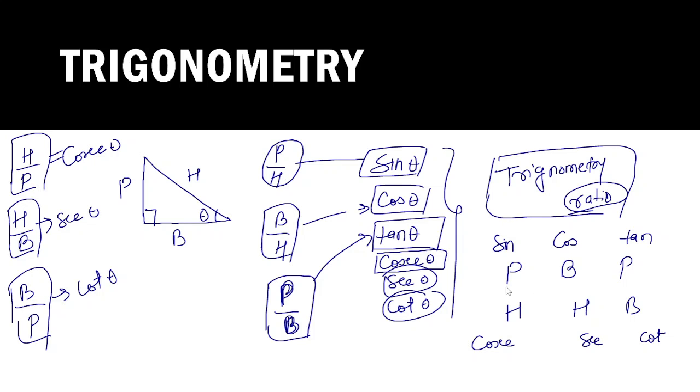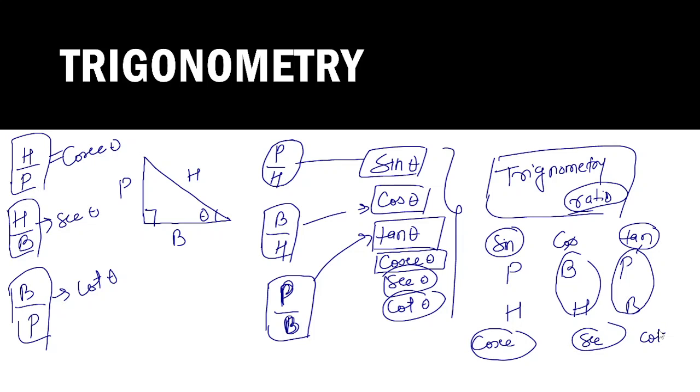The ratio of P by H is known as sine theta, the ratio of B by H is known as cos theta, and the ratio of P by B is known as tan theta. Cosec theta is H by P, sec theta is H by B, and cot theta is B by P. So this is the trick to remember these ratios, that is Pakistan Bekar Para upon Hindustan Hara Bhara.